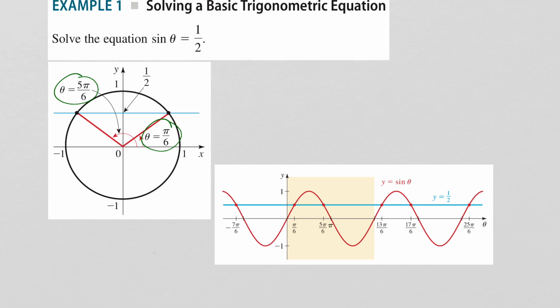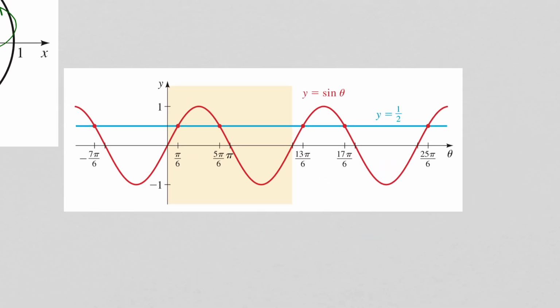But if you go to the graph of the sine function, you'll see sine of pi over 6 equals 1/2 is represented by this point here. Sine of 5 pi over 6 equals 1/2 is represented by this point here. But you'll notice that if you keep going on this horizontal line at a level of 1/2, you will find many other values of theta for which sine of theta is also equal to 1/2.